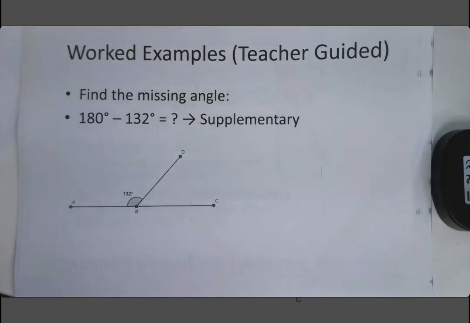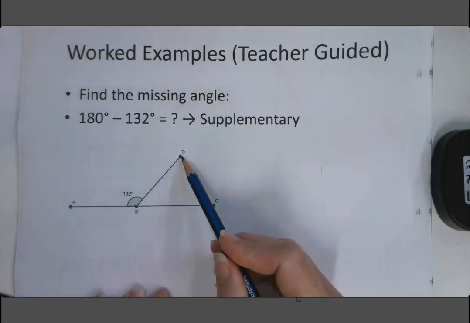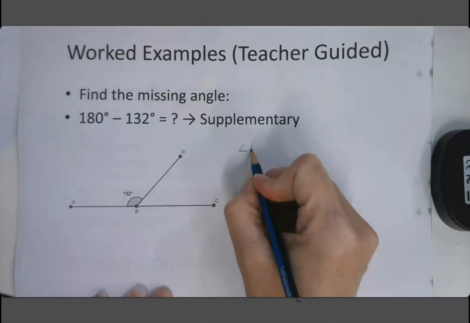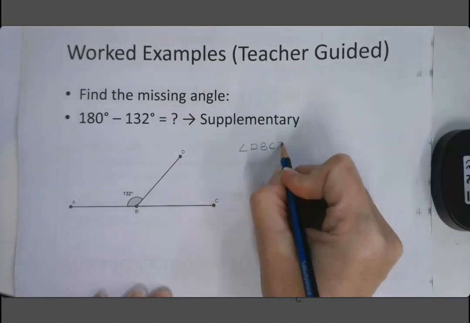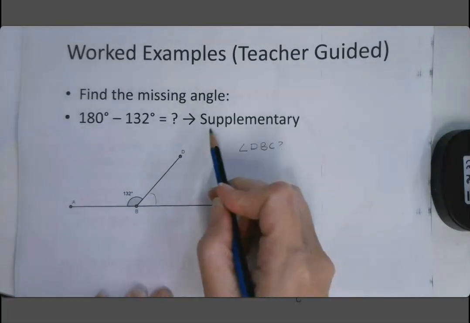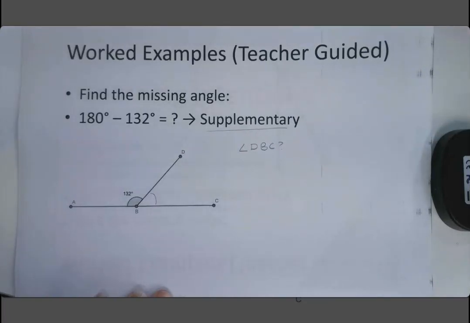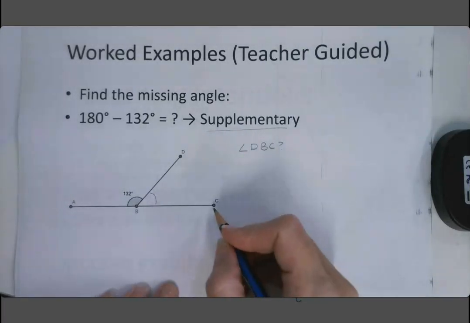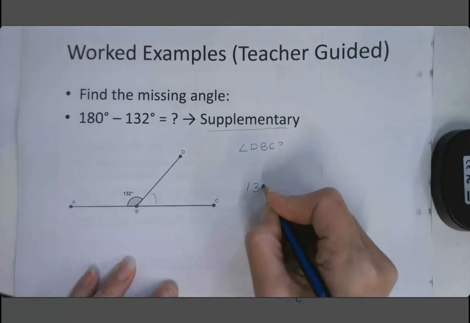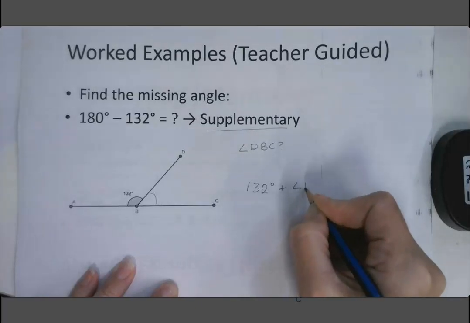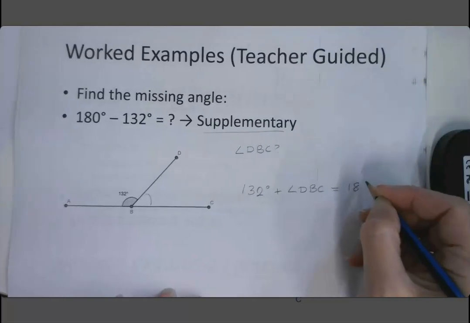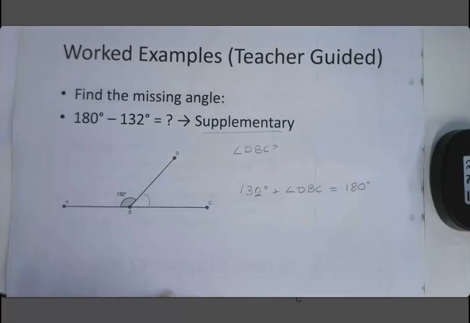Okay, our next question, very similar. This time we're being asked for angle DBC. So angle DBC is our unknown. In here we've been told they're supplementary. So in this case it means that angle 132 degrees plus angle DBC is going to give me 180 degrees.